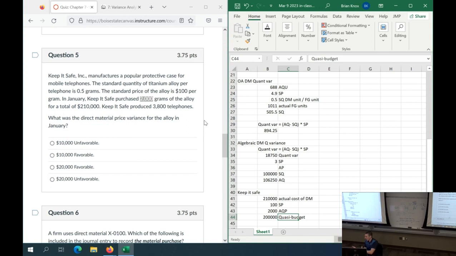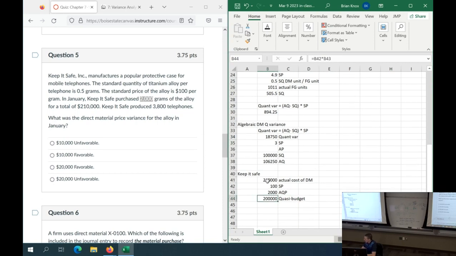It's at the standard price, but the actual quantity purchased or used. So we have $210,000 minus $200,000. We know it's going to be 10,000. It's one of those two answers. But is it favorable or unfavorable?